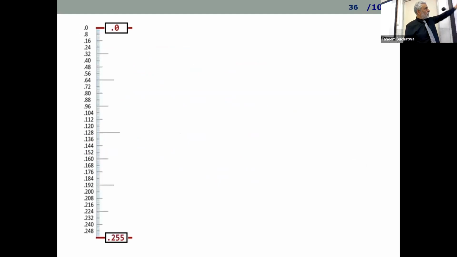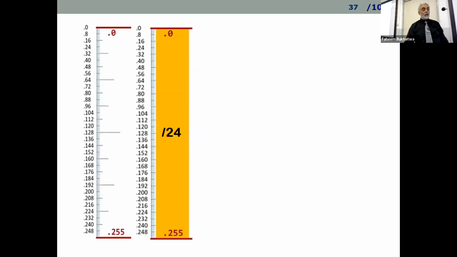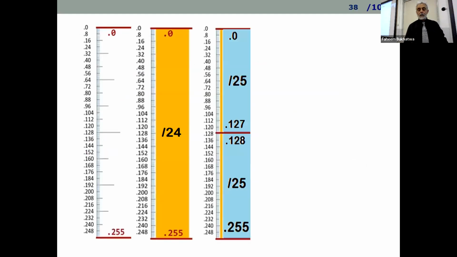You're given whatever size network, whatever number of addresses, and each time you split it in two, you are increasing one bit. So your mask is going to increase. If you have a /24 network, it will have 256 addresses from 0 to 255. If you split it into two, it's like adding one more bit to the mask. So every time you add one to the mask, from /24 to /25, the size of the network gets smaller.